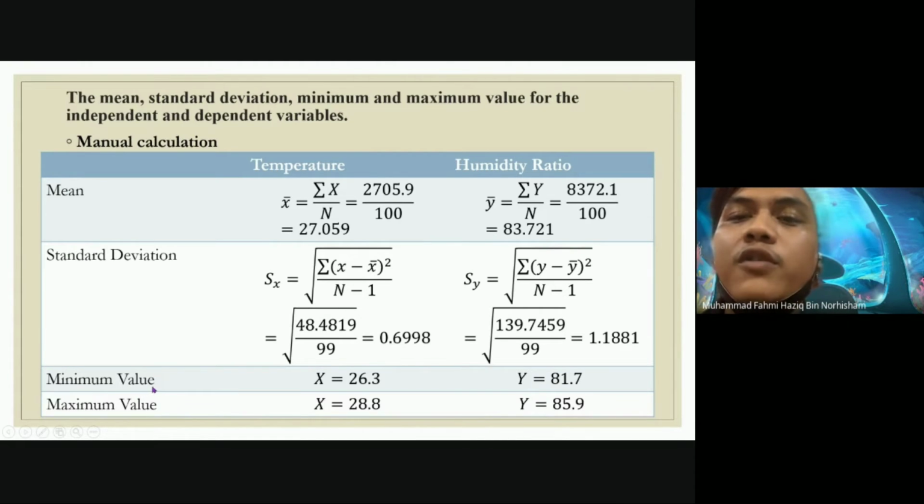For the minimum value, X equals 26.3 and Y equals 81.7. The maximum value, X equals 28.8 and Y equals 85.9.